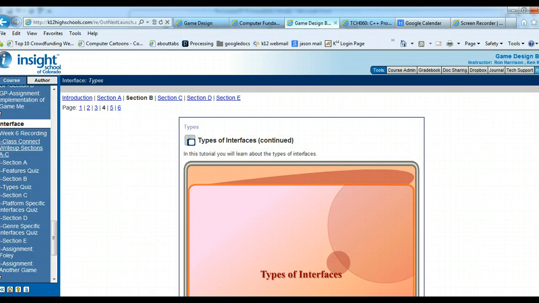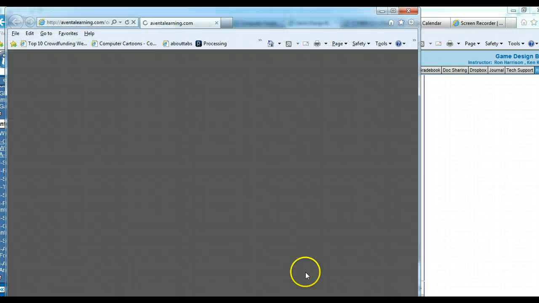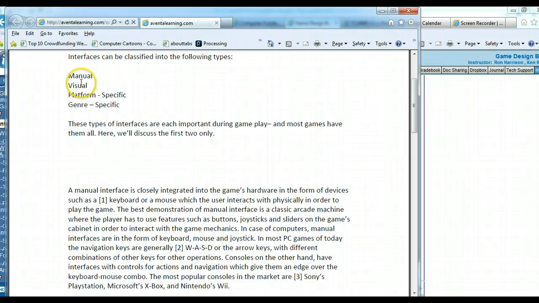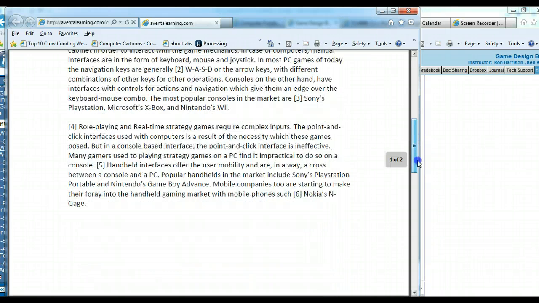And here's a little tutorial about interfaces. You can either listen to this or look at the copy of the script. And as we go down through this, you can see it's going to talk about these 4 types of interfaces. Manual interface is closely integrated into the game's hardware in the form of devices such as a keyboard, mouse, etc. So that's manual interface.